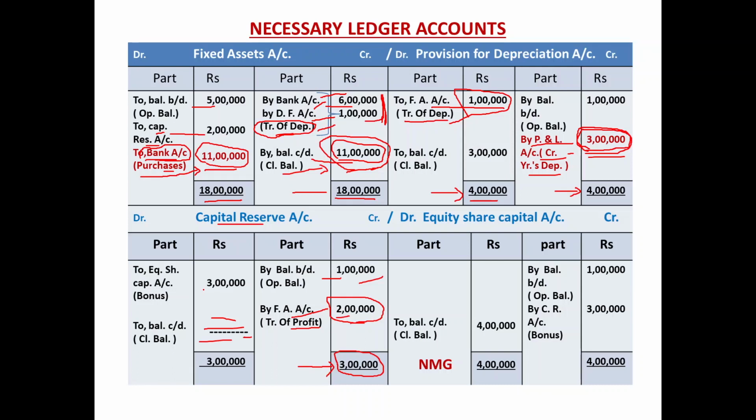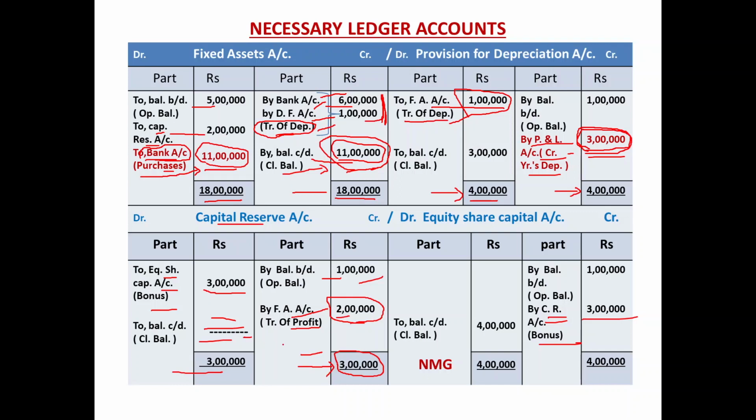Capital reserve account debited rupees 3 lakh, equity share capital account credited rupees 3 lakh, bonus. Capital reserve account is over, 3 lakhs, 3 lakhs, no closing balance.